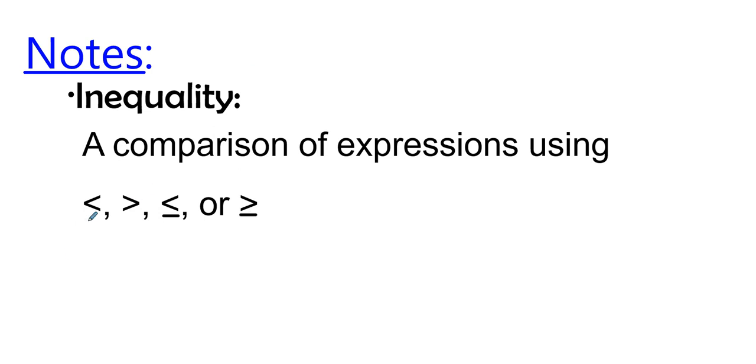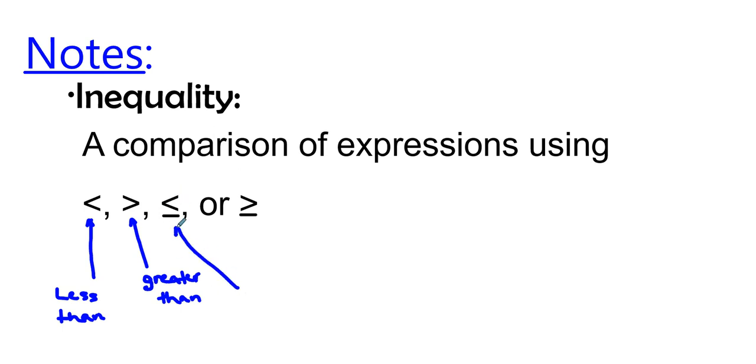What do you think this one is? It's a less than. So that makes this one greater than. Well, this one has a less than symbol, so we call this one less than, or the line segment underneath it means equal to, so that's an equal sign.